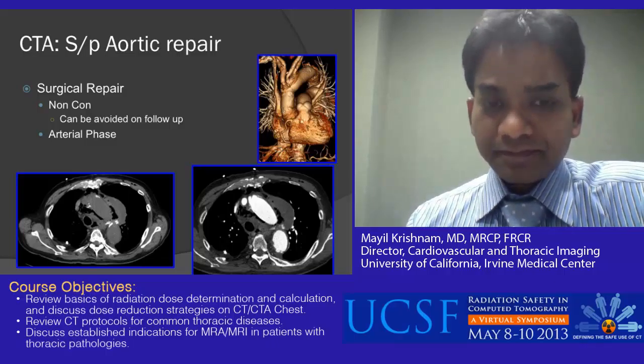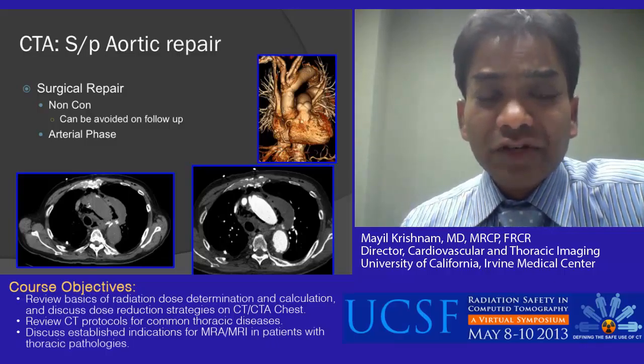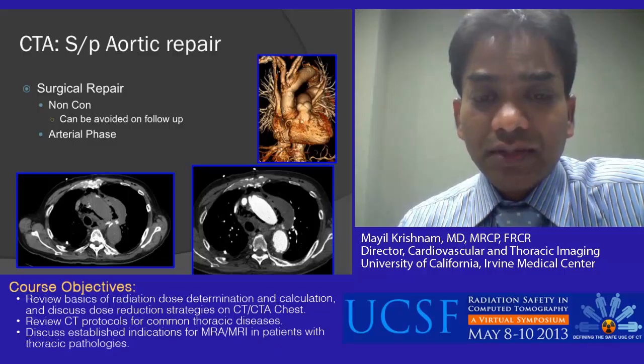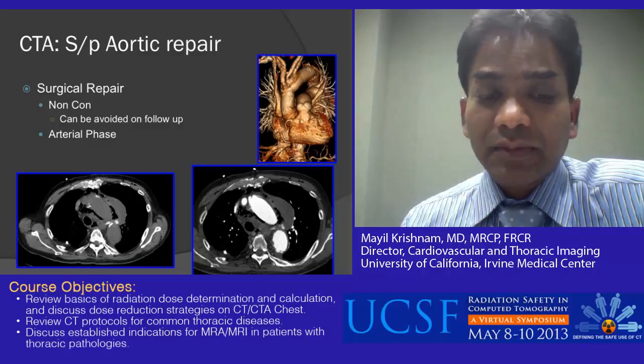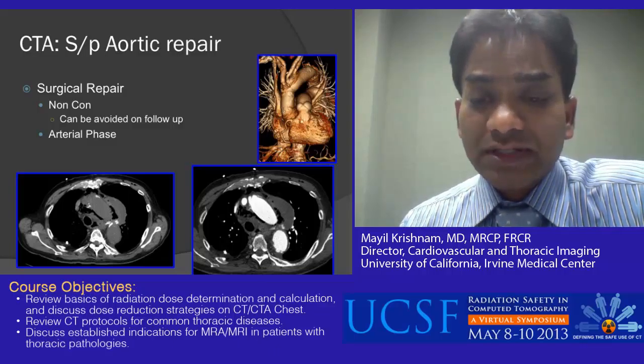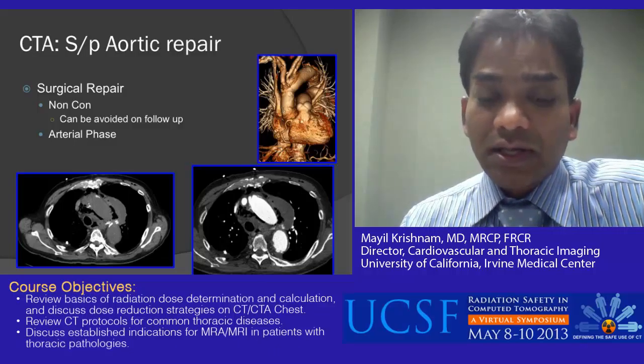Next slide. For status post aortic repair of the thoracic aorta, we need a non-con and an arterial phase at the beginning, and potentially we can avoid the non-con portion on the follow-up studies as long as there has been no intervention on that patient.